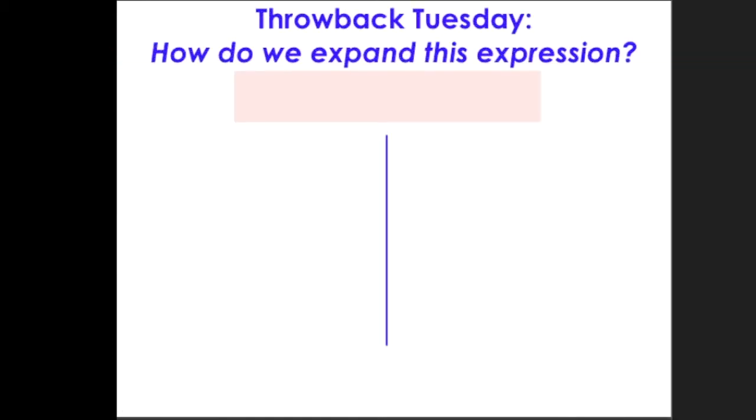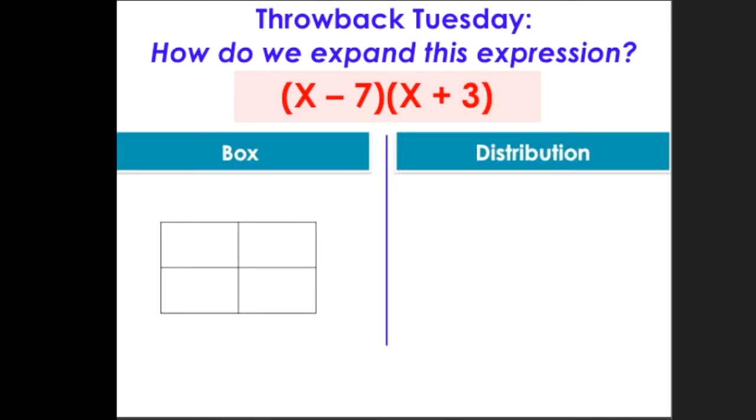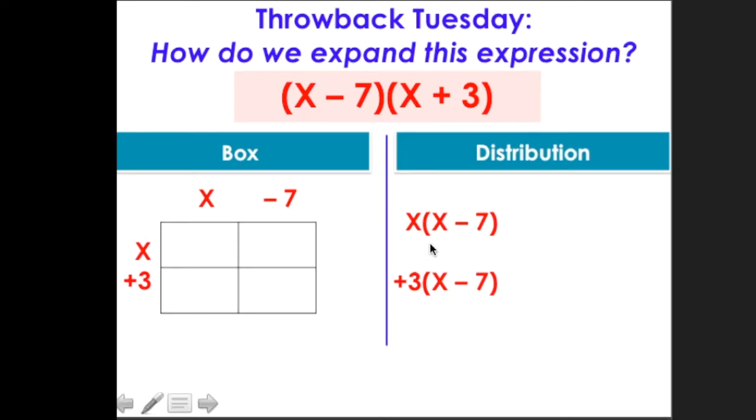Okay, so let's do a quick throwback. How do we expand this expression, x minus 7 times x plus 3? Now if you remember from the last unit, we can either use the box method or the distribution method. The box method is where you label the x minus 7 and x plus 3 on the sides of the box. The distribution method is to break it out, right?